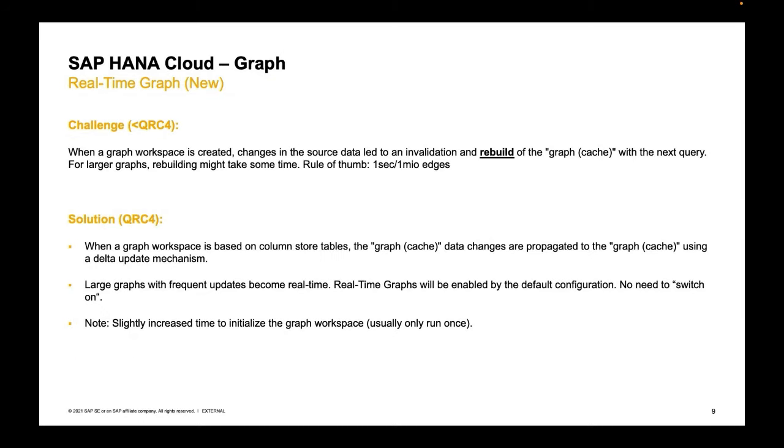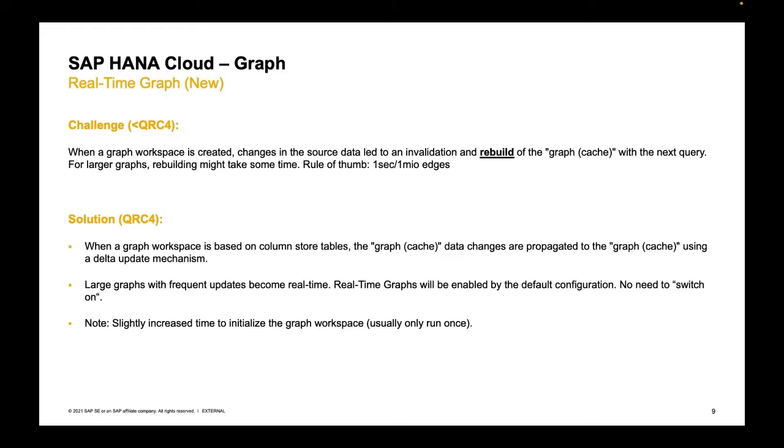Next one is the real-time graph. Before QRC4, before the current release of HANA Cloud, we had a challenge that a graph workspace had to be recreated every time you changed the values in this graph workspace for vertices and edges.